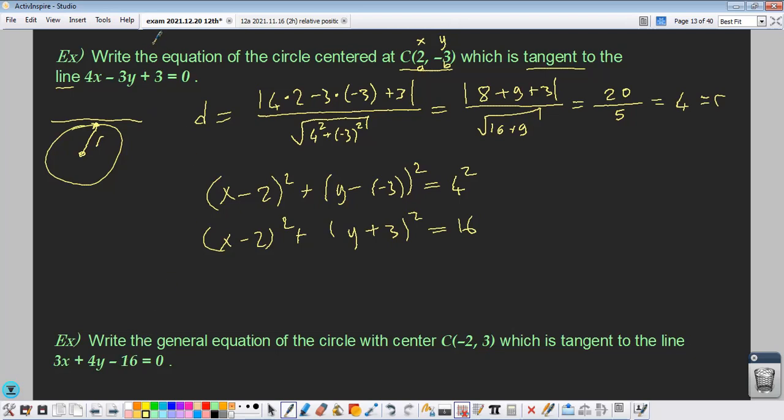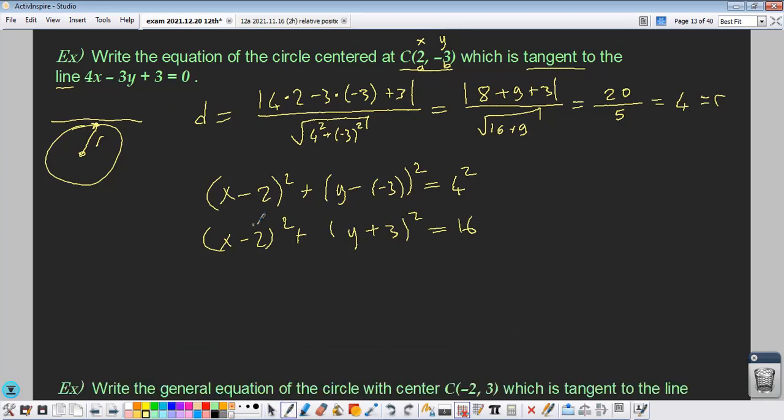So what if the same question wants the general equation from us? If it's about the general equation, you can simply open each parenthesis and make it equal to 0. (x minus 2) squared: x squared minus 2 times x times 2 plus 2 squared, and (y plus 3) squared: y squared plus 2 times y times 3 plus 3 squared is equal to 16.